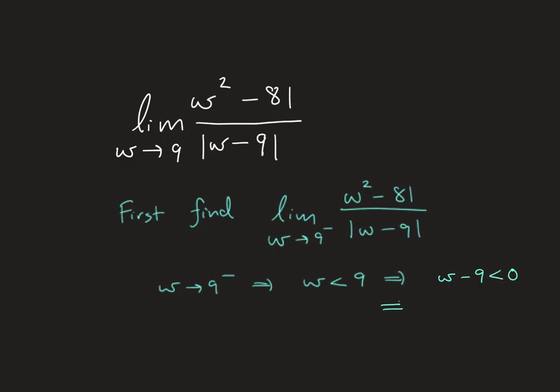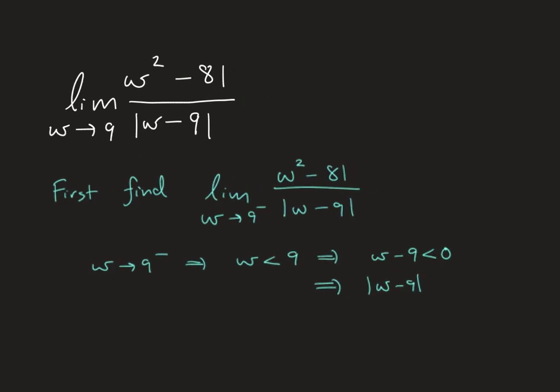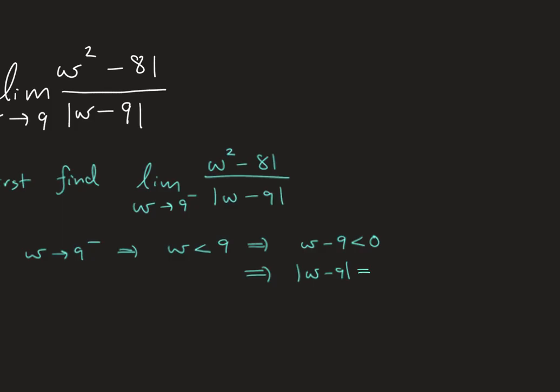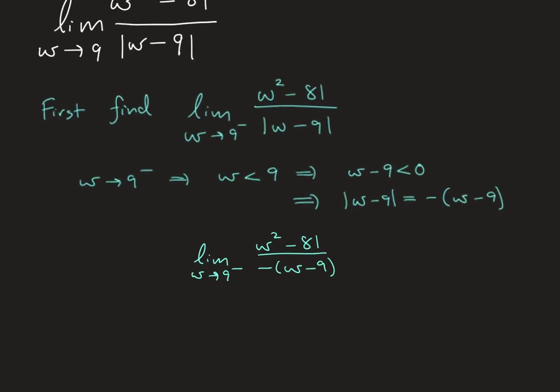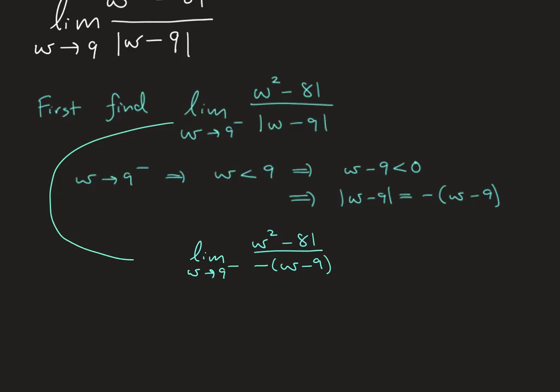But that implies that by definition, the absolute value of w minus 9 is equal to the negative of w minus 9. Okay, so check your absolute value definition for why that is true. I have a sheet for it on Canvas. And that was helpful because that changes the limit. Then our limit is as w approaches 9 from the left of w squared minus 81 divided by negative w minus 9.